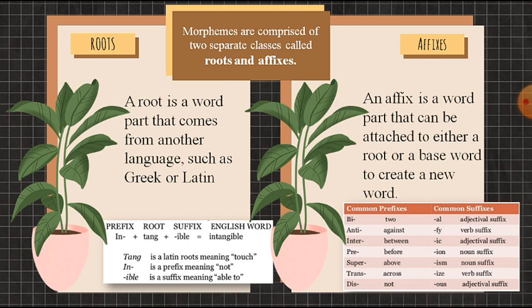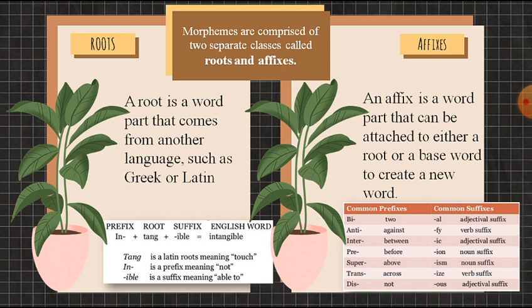Affixes have two parts: prefixes and suffixes. A prefix is placed in front of the basic word or the root word, and a suffix is at the end of the root or the basic word. So here, in is the prefix, tang is the root, able is the suffix.